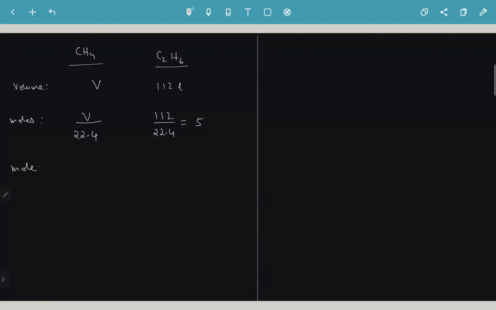From moles, we can find out number of molecules. Number of molecules will be number of moles into Avogadro's number.